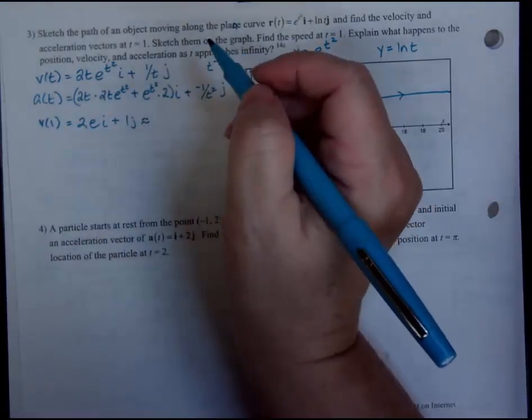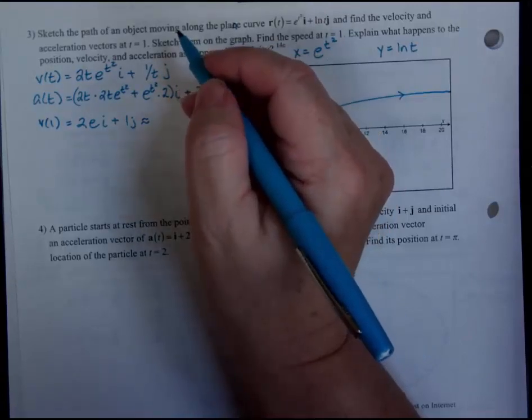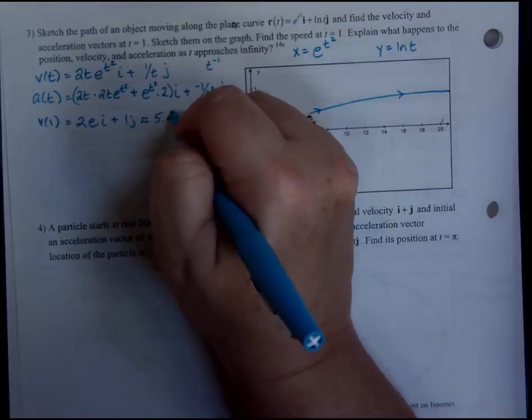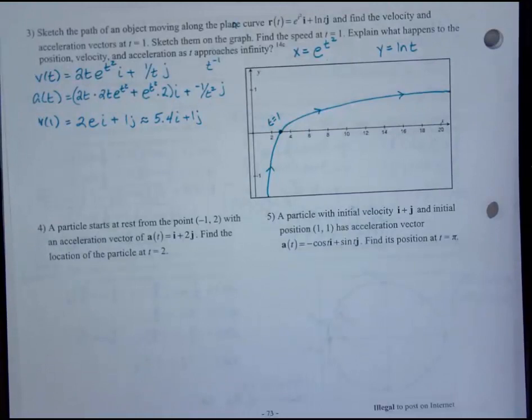We're going to approximate this. e is 2.7, right? So 2e would be about 5.4i plus 1j. What does that tell me? From my dot, go 5.4 units right, 1 unit up, and draw a vector.